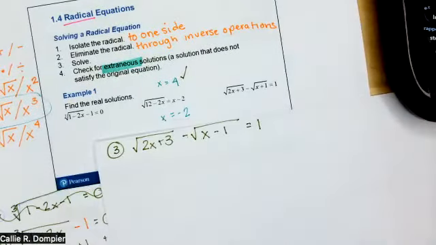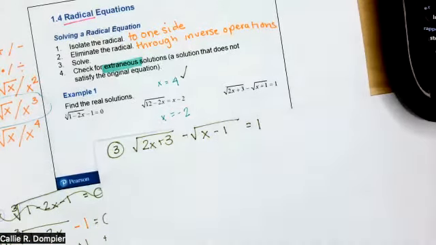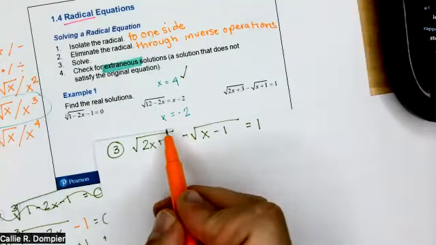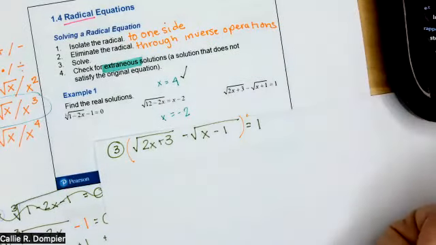You can't, unfortunately, just square everything with it like this. Instead, we need to isolate one of the radicals at a time. We can't say that we're squaring all of this.